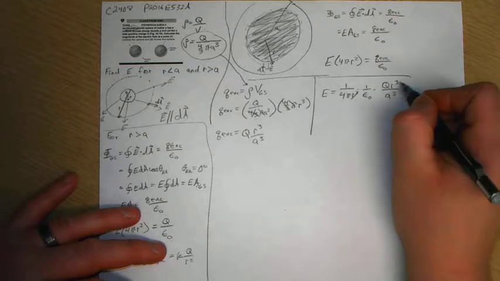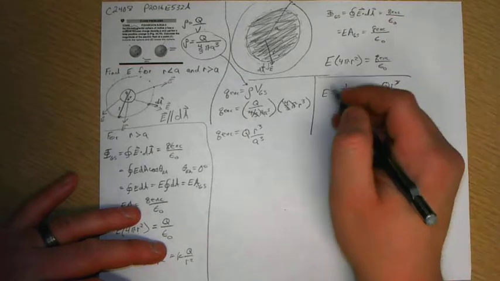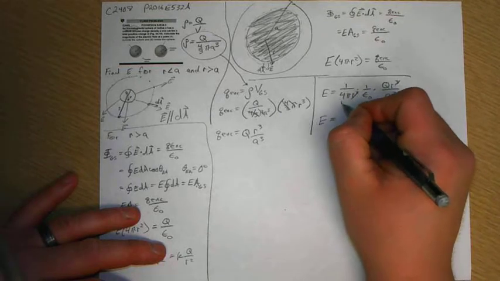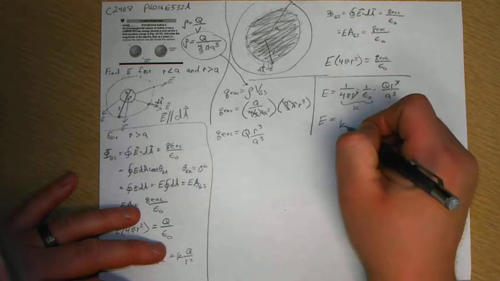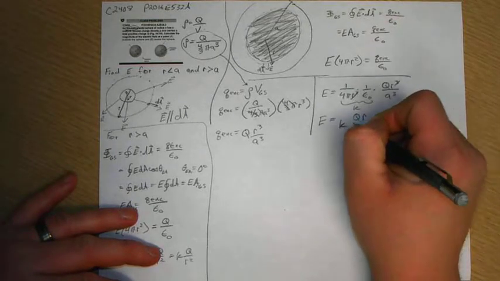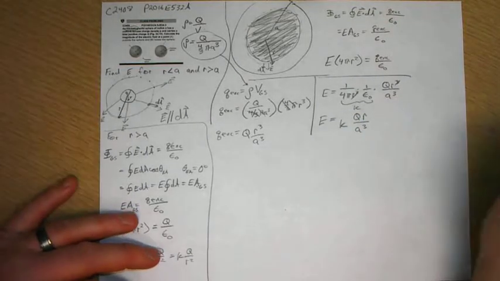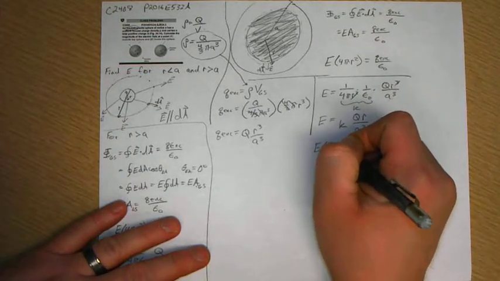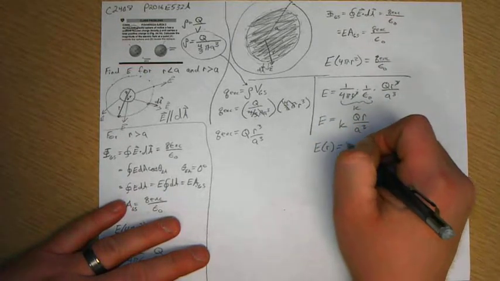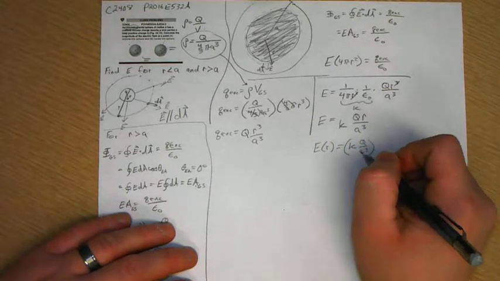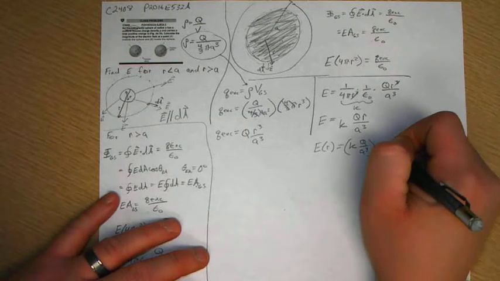So these r's cancel, and the electric field is equal to 1 over 4 pi epsilon naught, that is just K, the Coulomb constant, times Q r over A cubed. Or another way of writing that, I can say that the electric field as a function of r is equal to K Q over A cubed, these are all constants, times r.